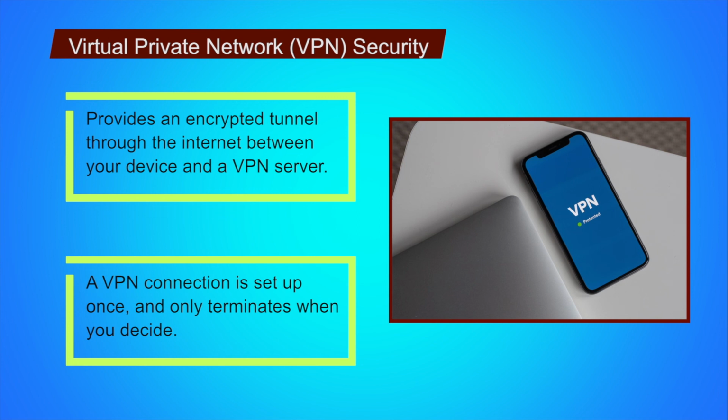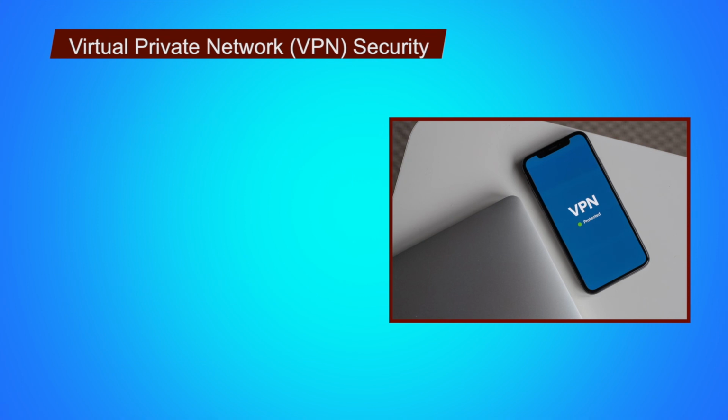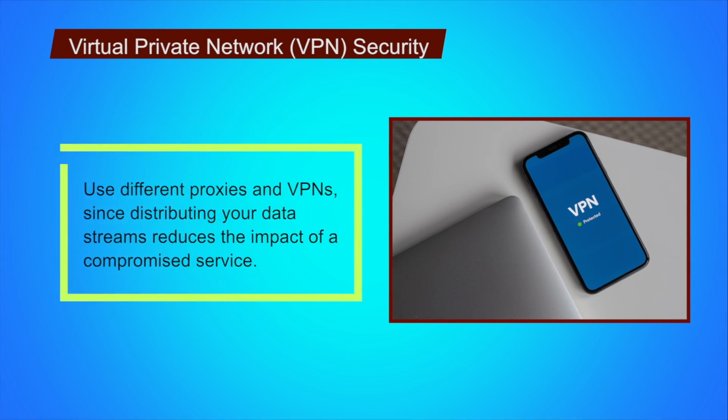Note that since all your traffic goes through the proxy or VPN server, an intermediary only needs to have access to the proxy to analyze your activities. Therefore, it is important to carefully choose among proxy services and VPN services. It is also advisable to use different proxies and VPNs, since distributing your data streams reduces the impact of a compromised service.